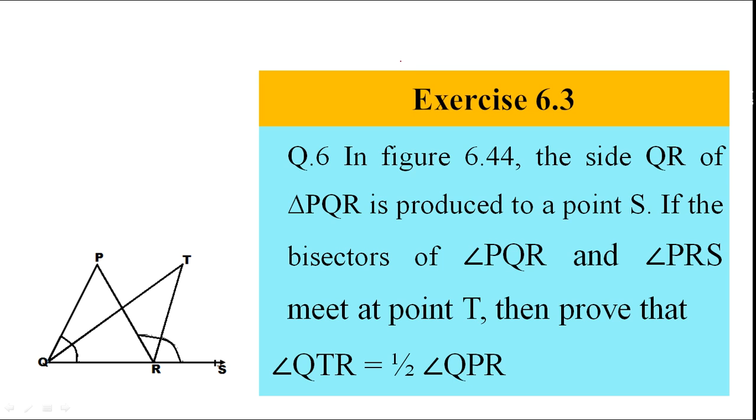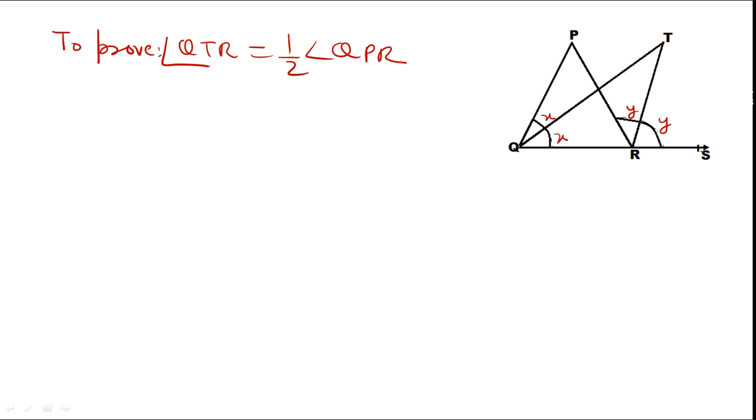Just see it from the question. QTR is half of QPR. That is to be proved. And angle bisectors are given. They are meeting at point T. Okay. Now we need to prove this. Half of QPR. Where is QPR? Okay. And QTR. Where is QTR? That is QTR. Okay. Let us start the process.